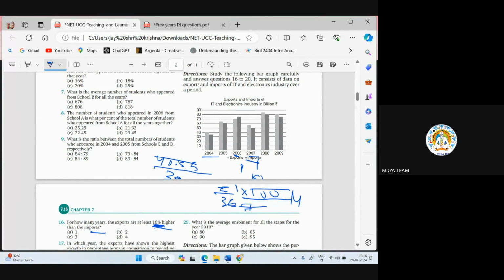It's not like at least 10%, or more than 10%. 10% higher means it is pointing towards the differential comparison. It is not pointing towards the export being higher than 10%. It is pointing towards the formula used: difference upon imports.